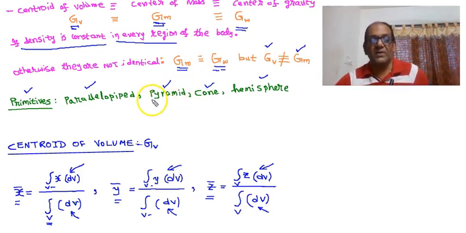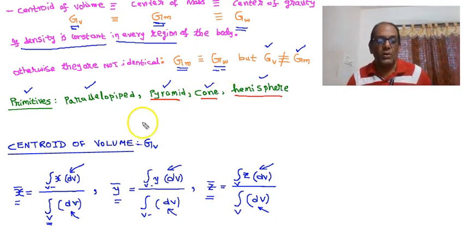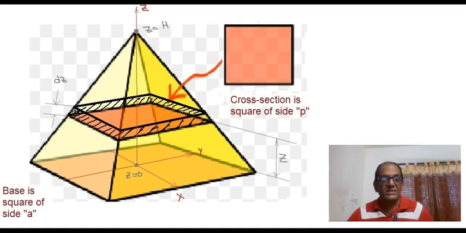Okay. We will try to see the other primitives, that is, we'll try to touch upon how to find the centroid of a pyramid, of a hemisphere, and of a cone. The next primitive we consider is a square pyramid, shown here. We call it square pyramid because the base formed by these 4 points is a square.